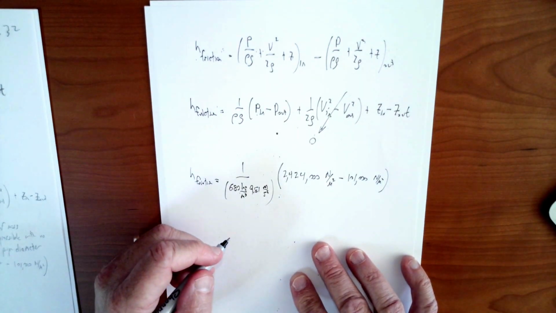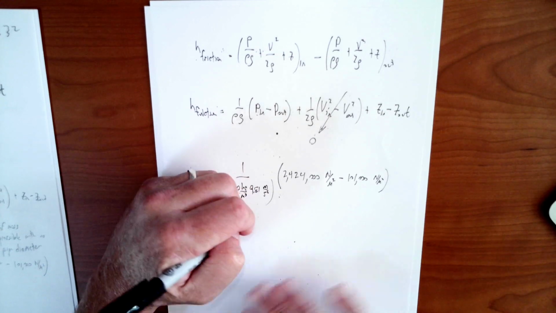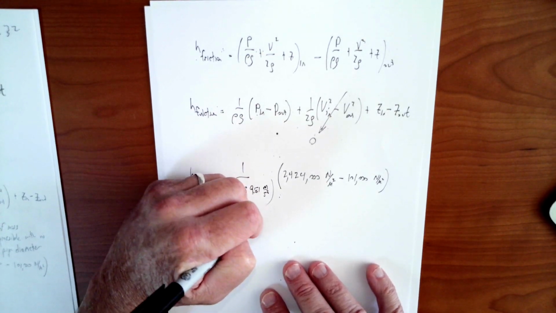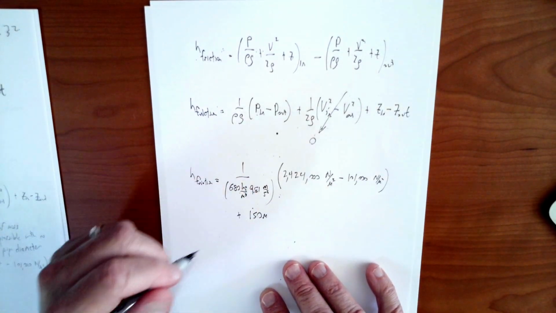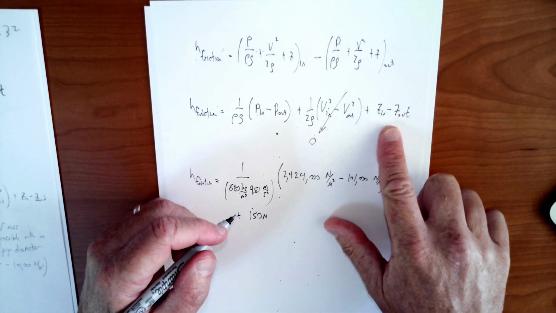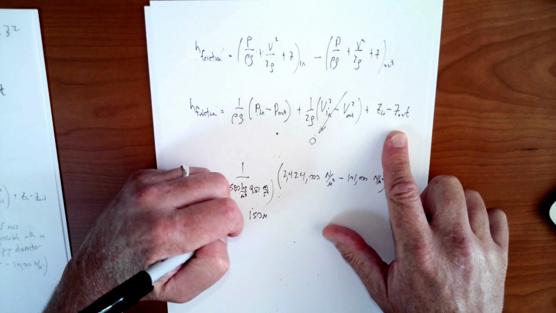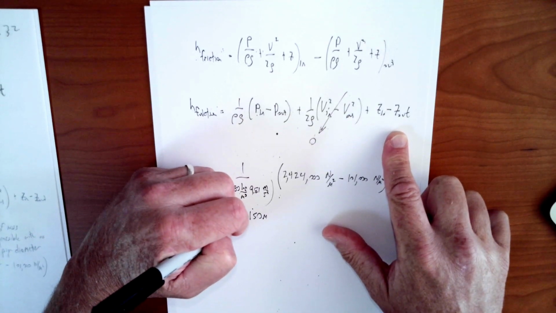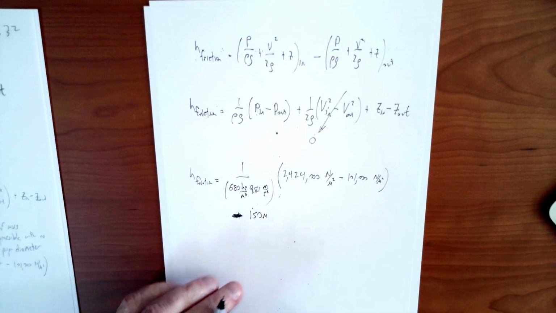That's my pressure change. Then I have my Z change. The outlet is elevated 150 meters, so Z out is greater than Z in, and this is going to be a negative 150 meters.